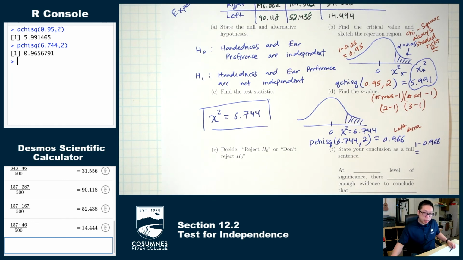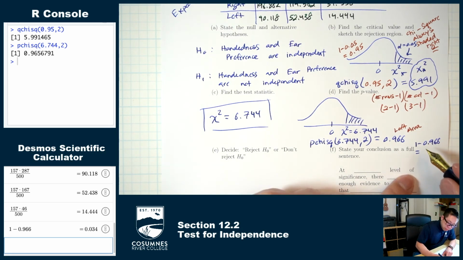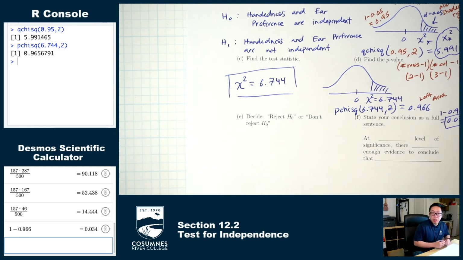One minus 0.966, 0.034. And that's our p-value.